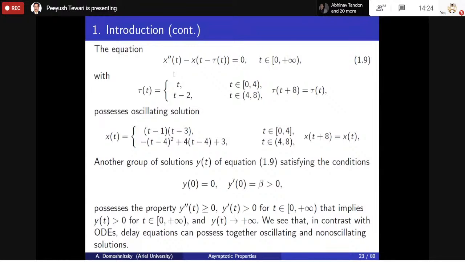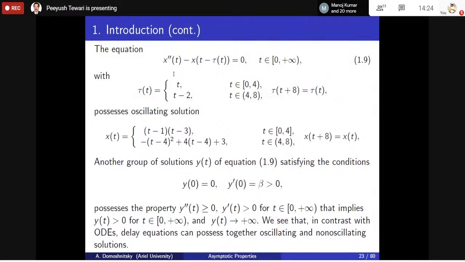And in the case of this equation with tau of t of this sort, we have a solution which has an infinite number of zeros, an oscillating solution.